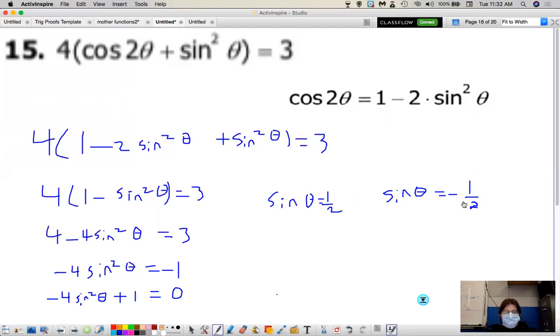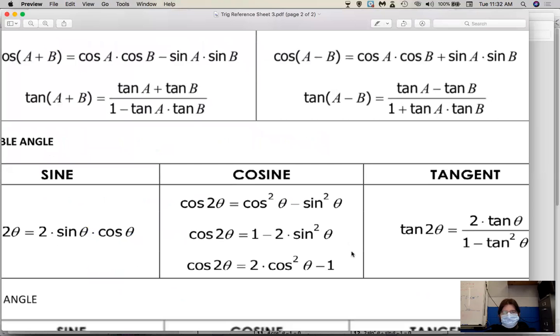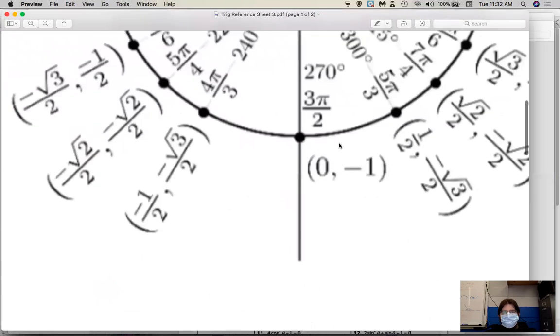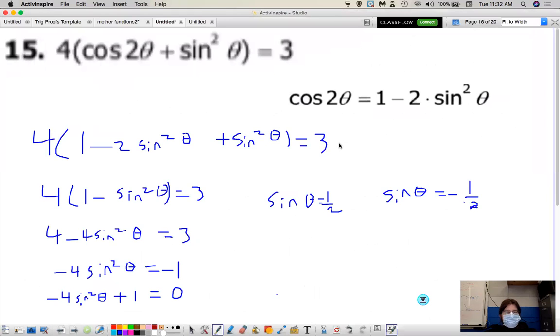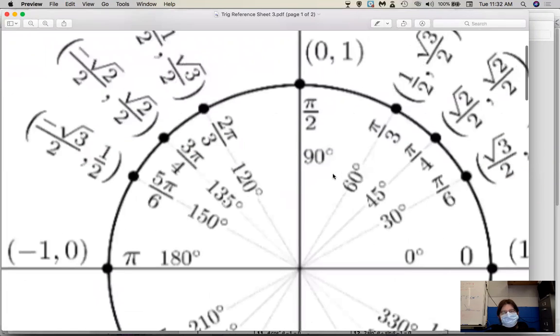So half and negative a half, use your unit circle. In degrees, we're going to go 0 to 360 on these.